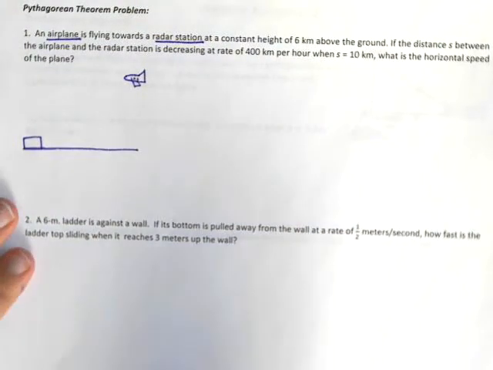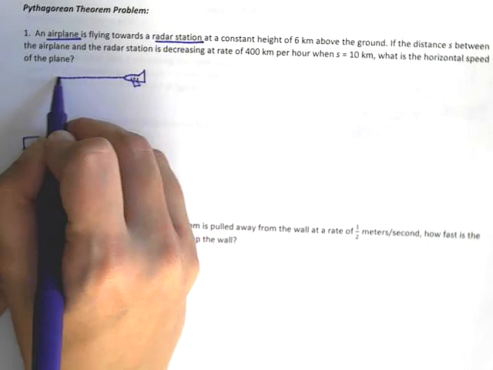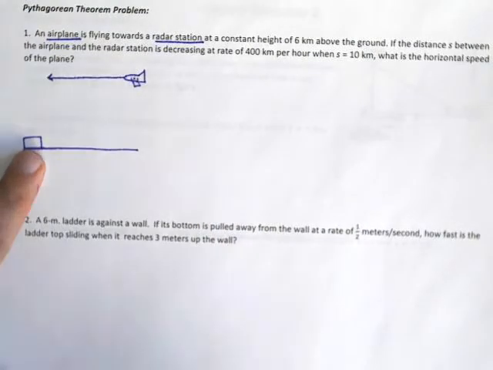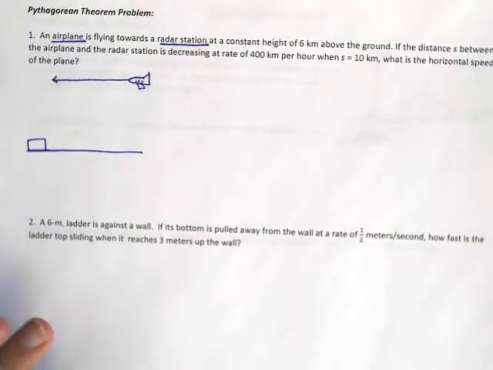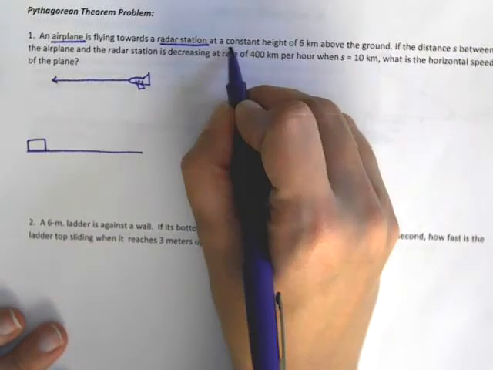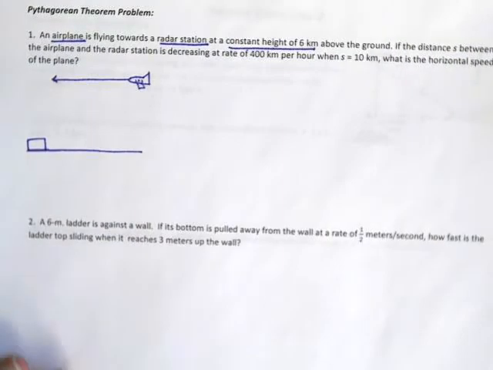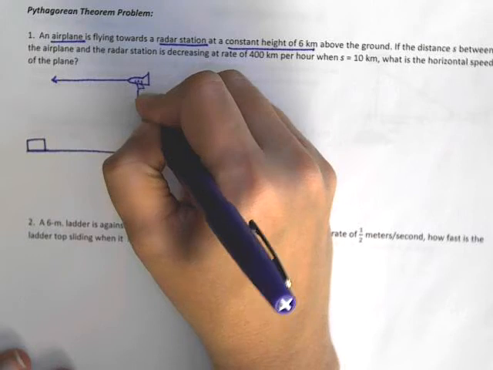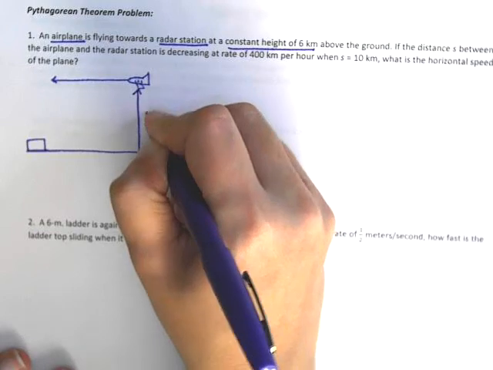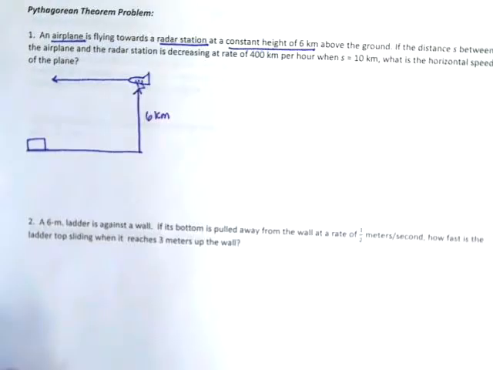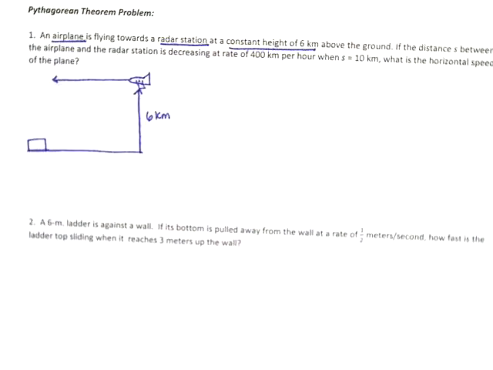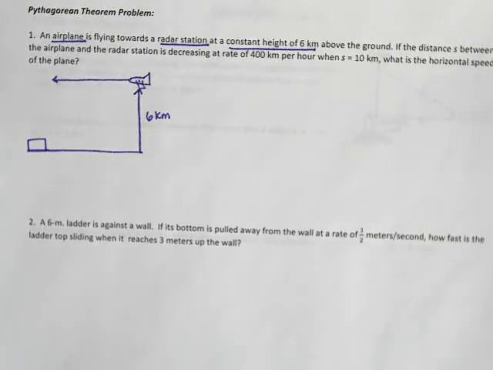Now this airplane, by the way, is flying this way. It's flying towards the radar station, which is on the ground over here. It says in the problem that we are flying at a constant height of 6 kilometers. What that means is that this height is 6 kilometers all the time. The reason I'm putting a number there is because it is constant.